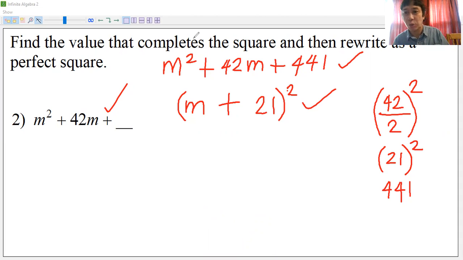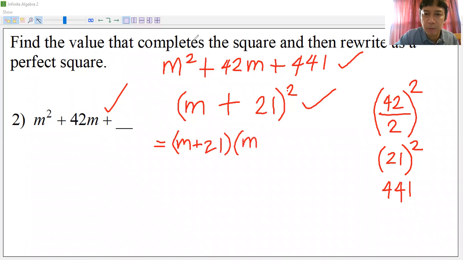M plus 21 squared means m plus 21 times m plus 21. That's the meaning of this. That's why it's called a perfect square.